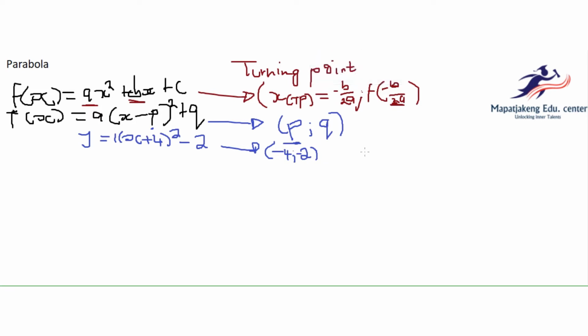After getting the turning point, you're going to get the x-intercept. I hope everybody knows how to get the x-intercept. The x-intercept is where you let y equal 0 and solve for x. And then for your y-intercept, where you see x, you let x equal 0 and solve for y.